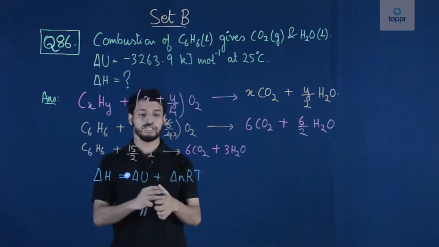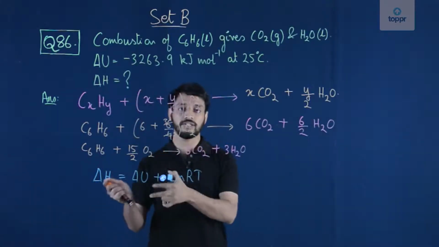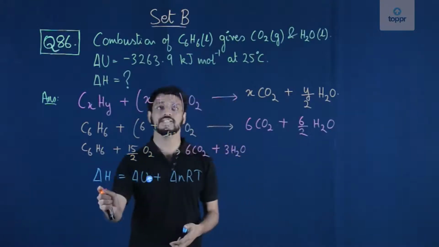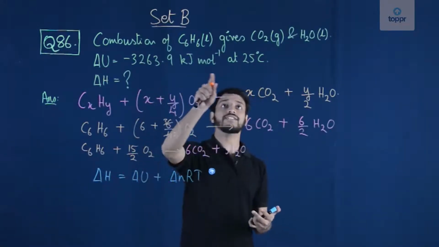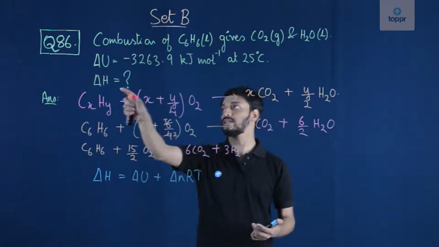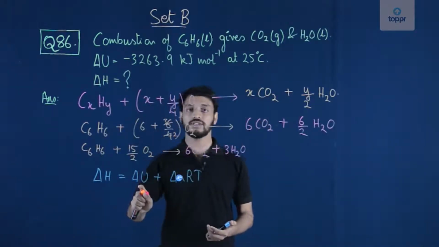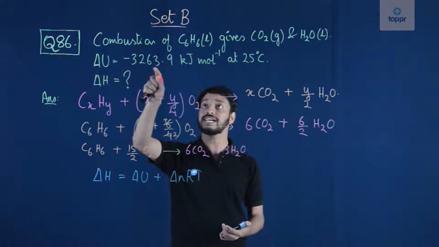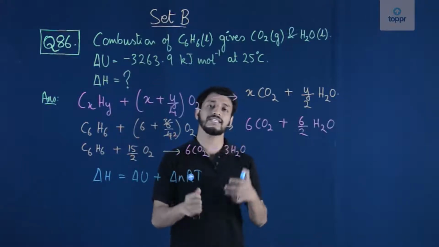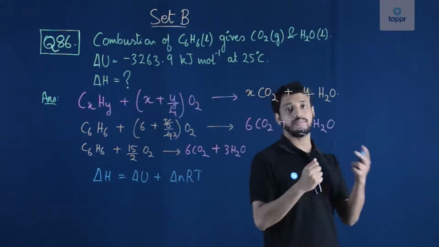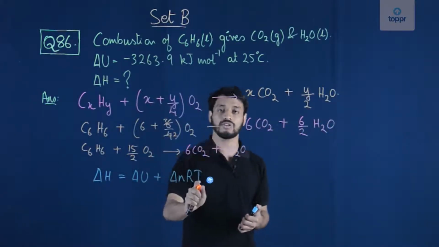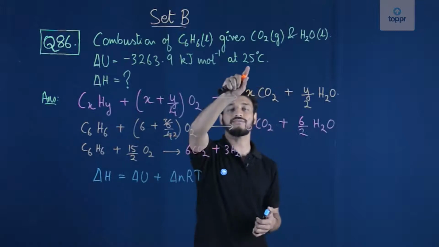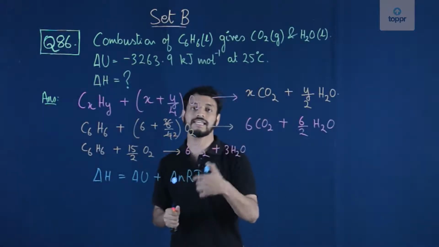Delta H is the heat of combustion under constant pressure, which has been asked. Delta U is the heat of combustion under constant volume, which has been given. Delta n is the difference in the moles of the gases, R is the universal gas constant, and T is the temperature, given as 25 degrees centigrade, so we will represent it in Kelvin.